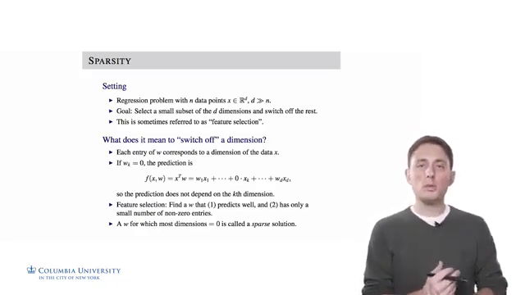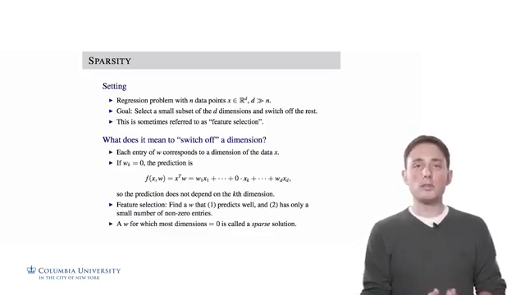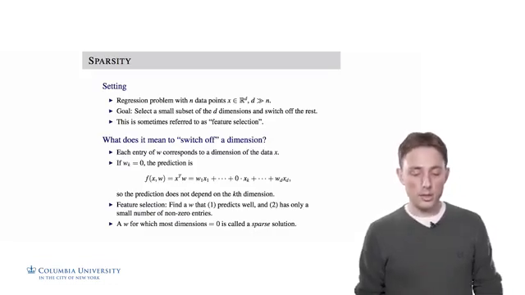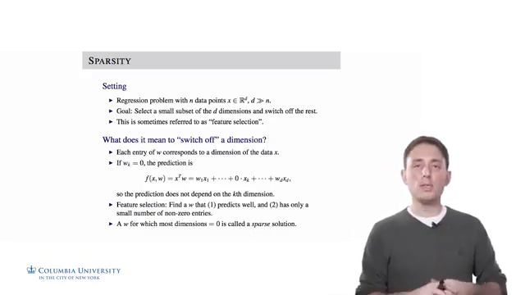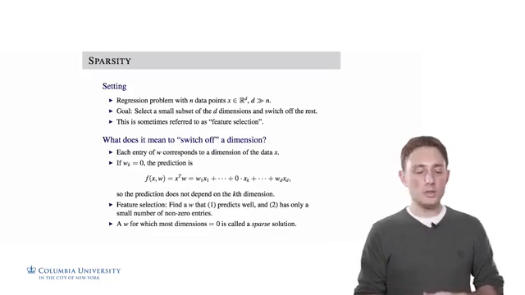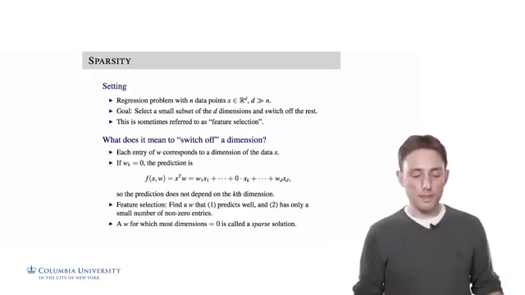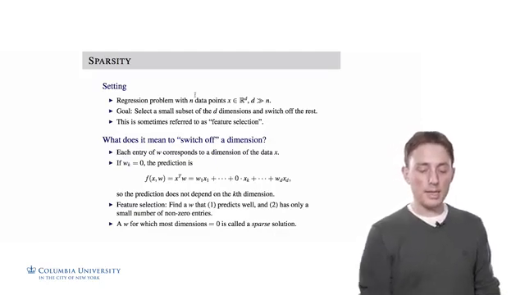So our goal is to find sparse solutions. The squared norm penalty on w is not going to give us that. And so let's look first at what it means to find a sparse solution. So again, our setting is that we have n data points.